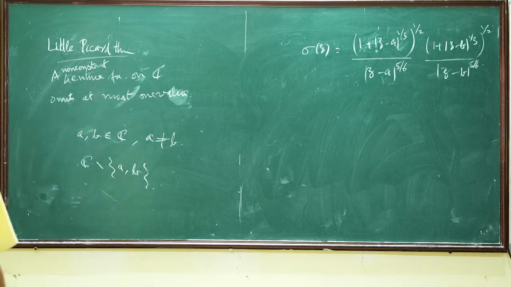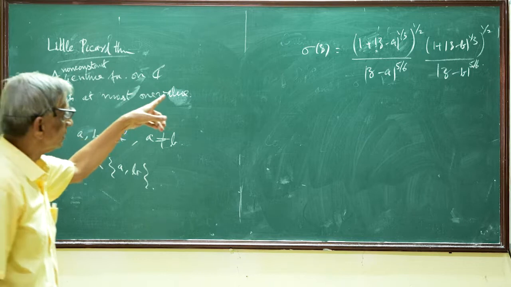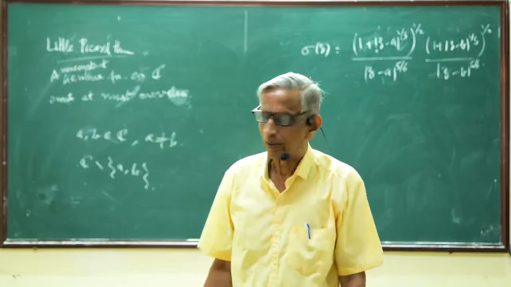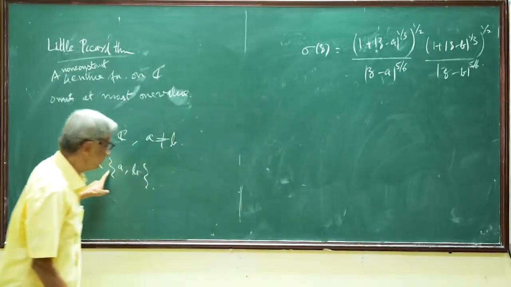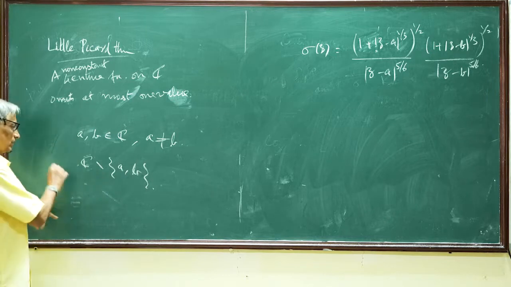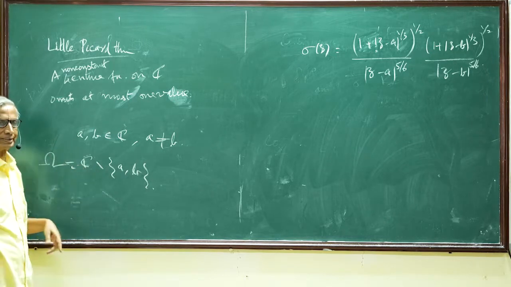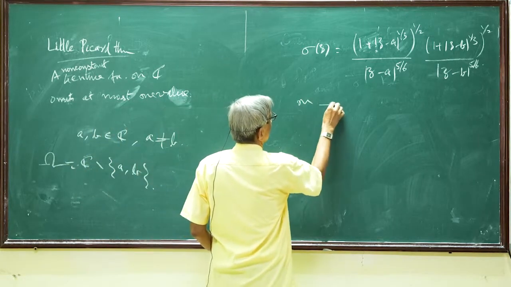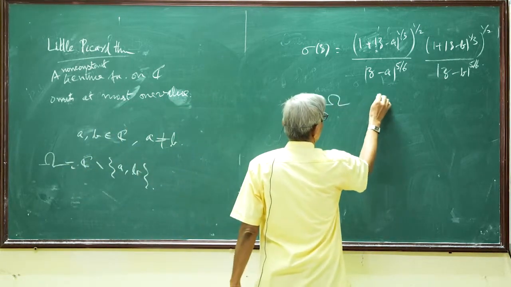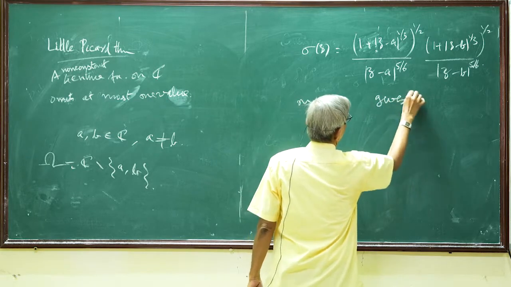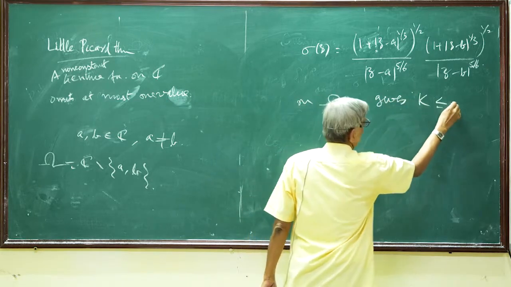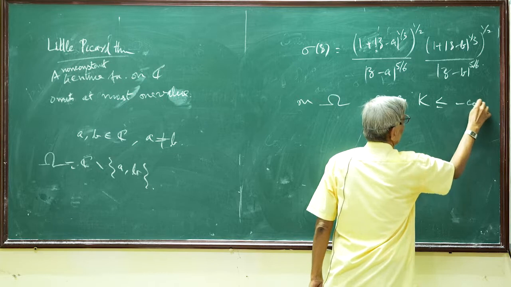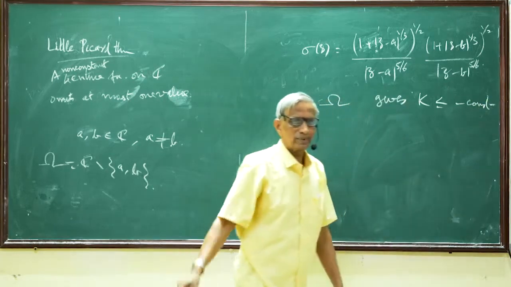So this metric on C minus {a, b}, so this is your omega now, gives K less than or equal to minus some negative constant.